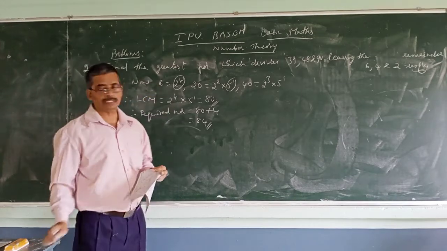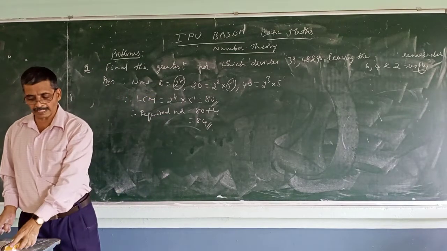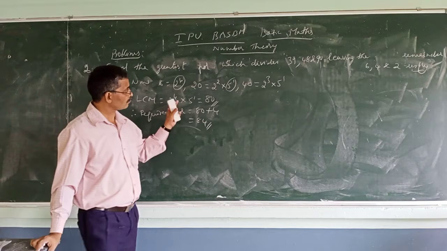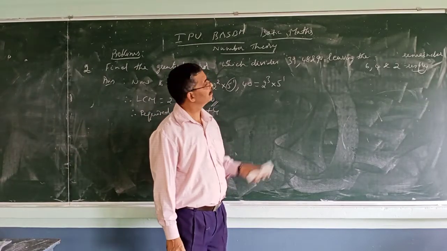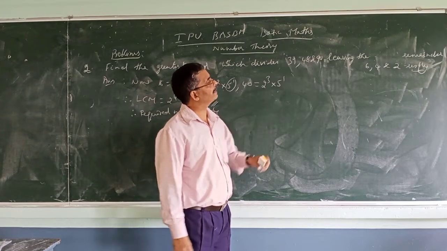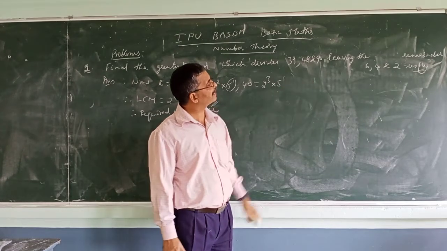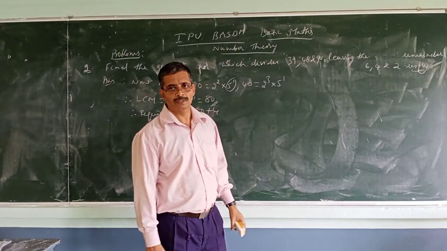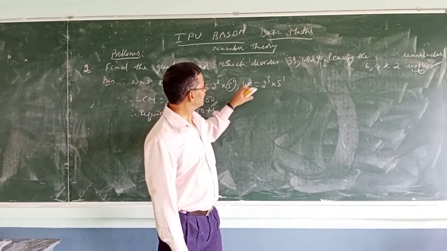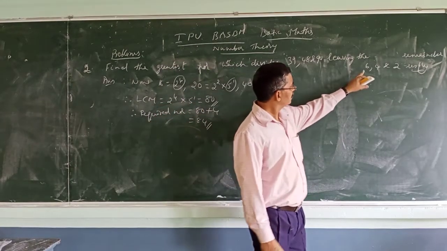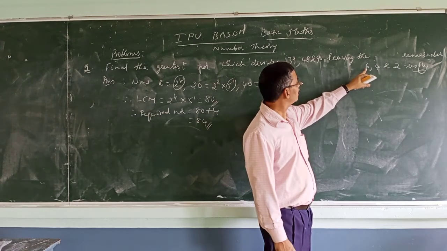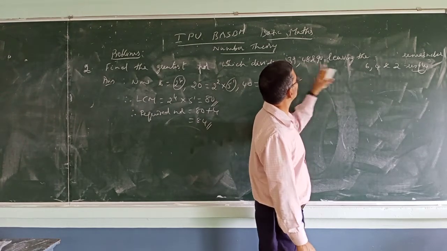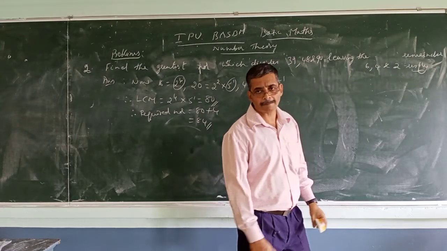So you have to find the greatest number which divides 39, 48 and 90, but leaves the remainders 6, 4 and 2 respectively. For example, if you take 39, when divided by that number, it should leave 6 as the remainder.